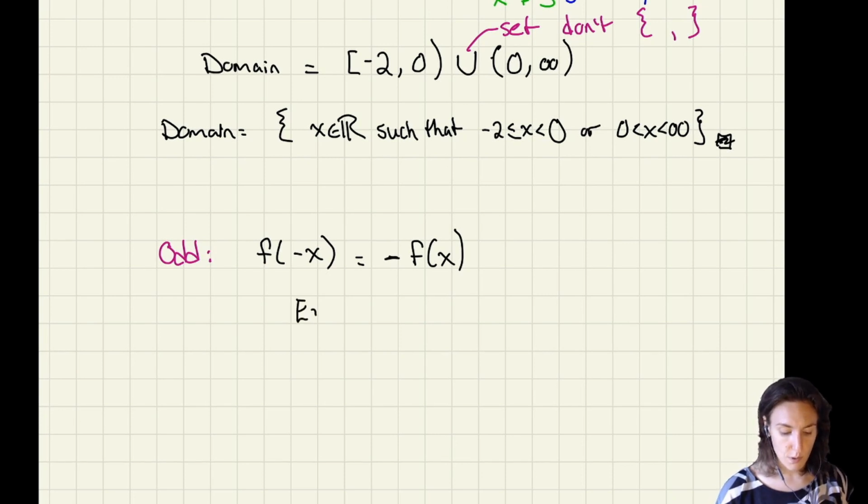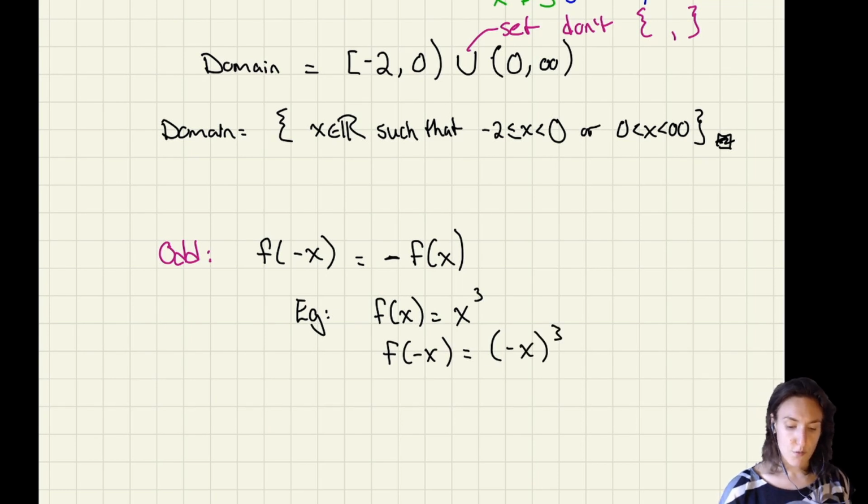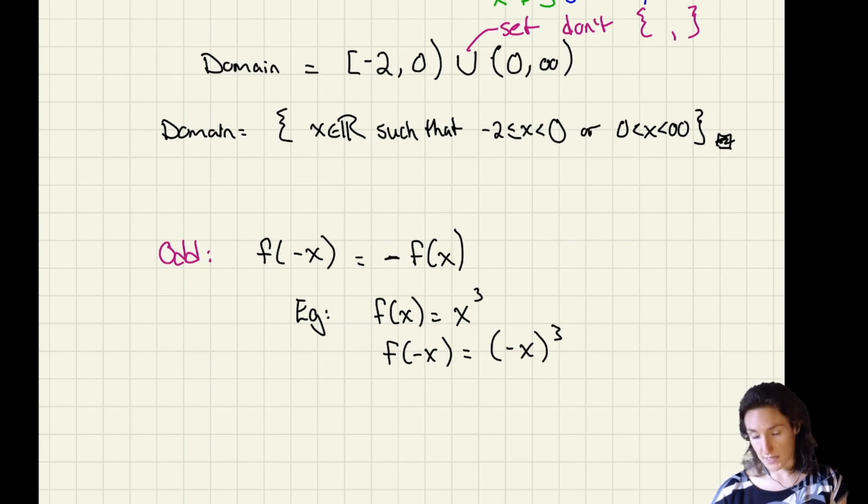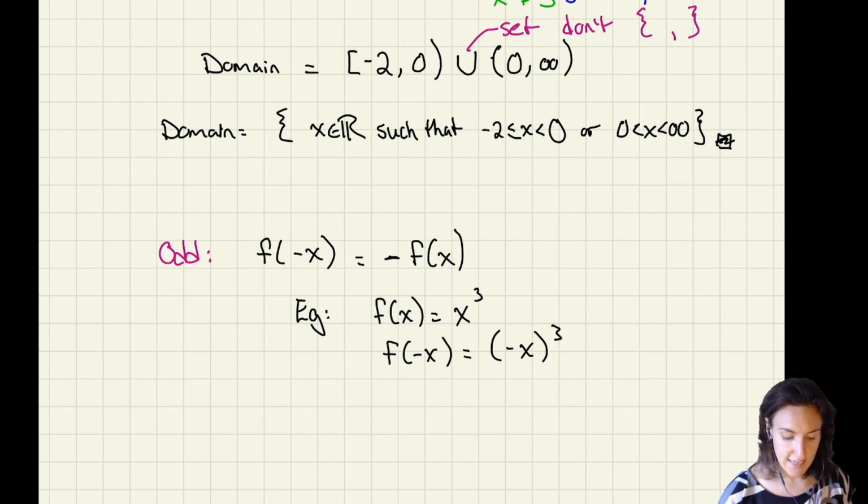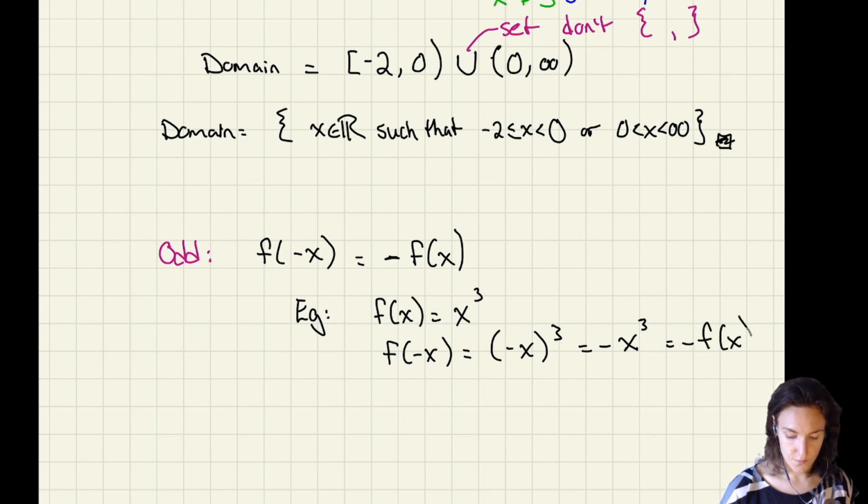So for example, if you had f of x is equal to x cubed, and you put in f of -x, I'm going to get -x all cubed, but that 3 distributes to both the -1 and the x, and -1 to the power of 3, -1 times -1 times -1, is negative. So we can write this as -x cubed or -f of x.